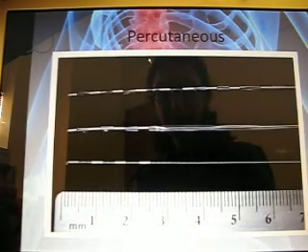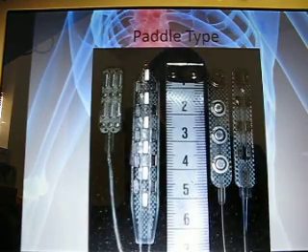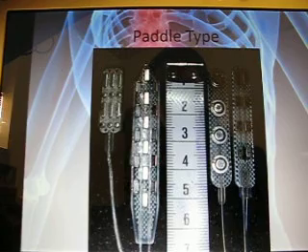The percutaneous types are shown here, and the range of dimensions is shown also. The paddle types come in different shapes, with 3 arrays of electrodes or 2 arrays, and their typical dimensions.